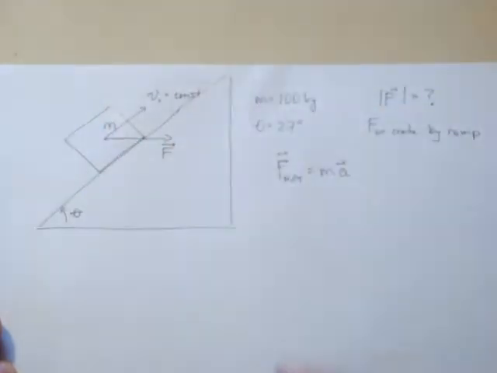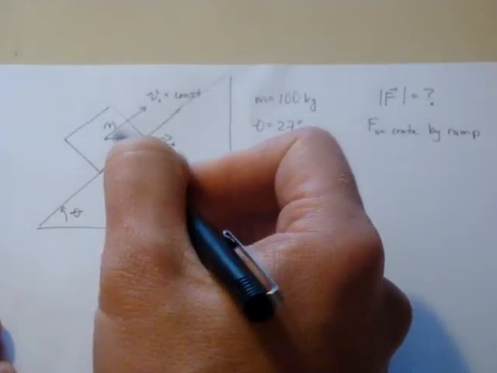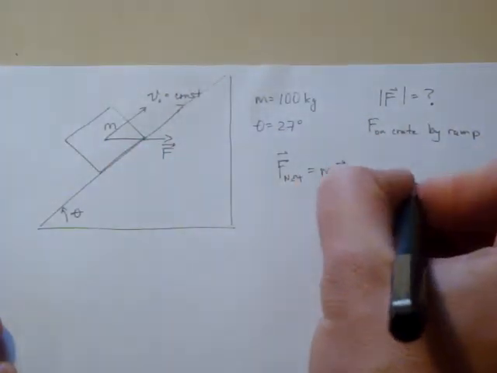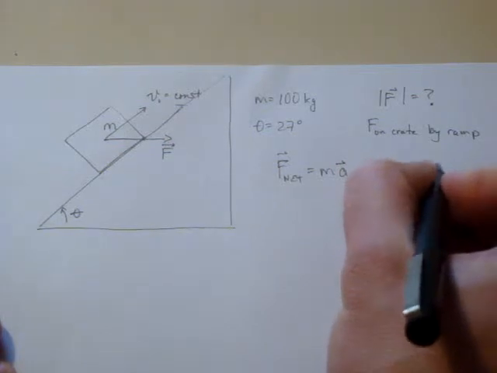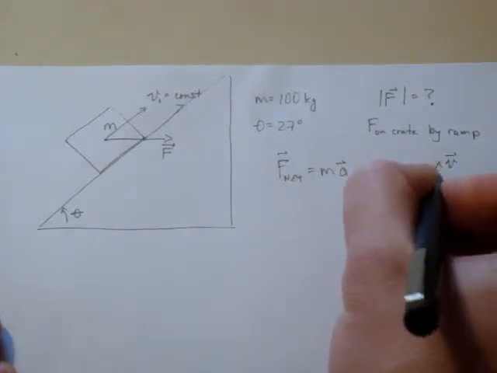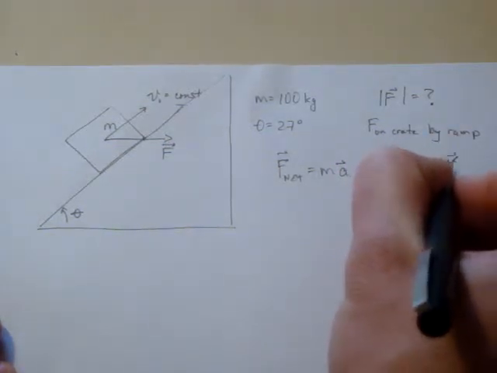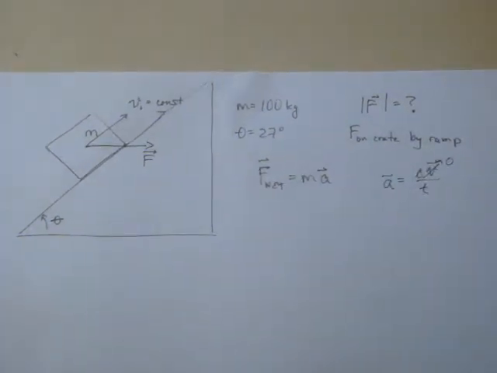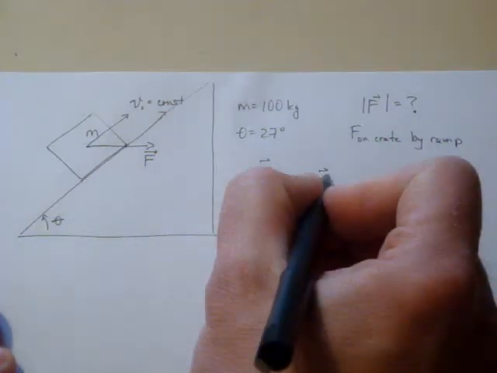So it's some positive value, we assume, but it's moving up at constant speed, which means if it's constant, what does that tell us about the acceleration? Constant speed means that the change in the velocity with respect to time is going to be equal to zero, because the change in velocity is zero. So there's no acceleration, right?